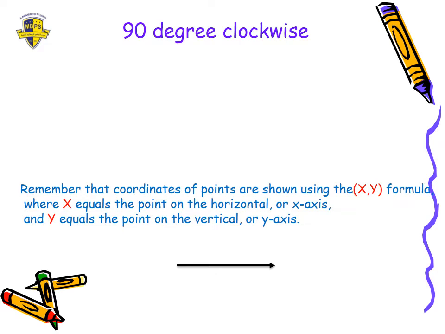And who can remind me, what does x represent? Excellent, the points on the horizontal or the x-axis. And what does y represent? Yes, good. How many steps we have to go up and down? So this is the vertical y-axis.